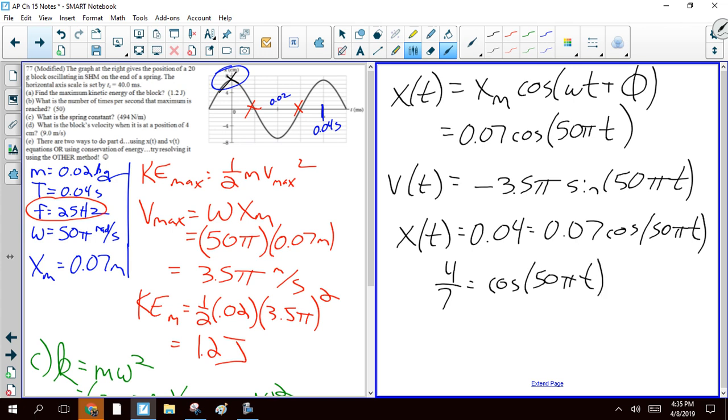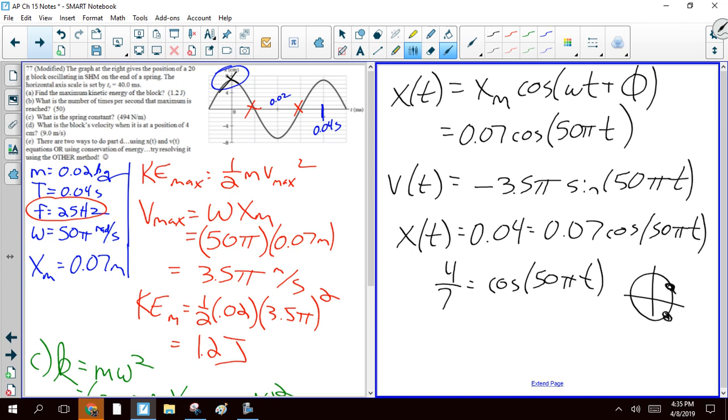Take the inverse cosine, and I guess we're going to have to do a little bit of looking at our graph here. So 4/7 is about a half, so we're looking at either here or down here.